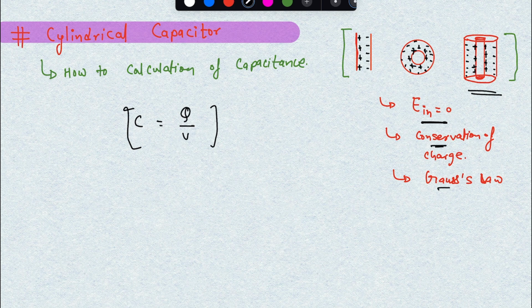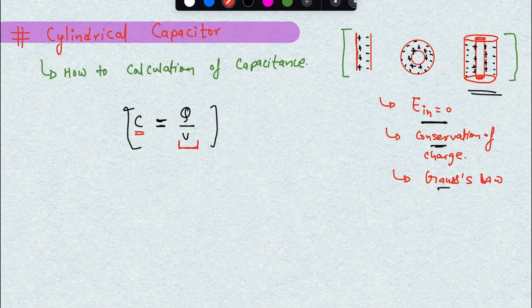So from there we get the relation C equals Q divided by V. If you want to calculate the capacitance anywhere, sometimes you might think of breaking the capacitance up and doing series and parallel, all those things. And sometimes this formula, Q divided by V, will help you.